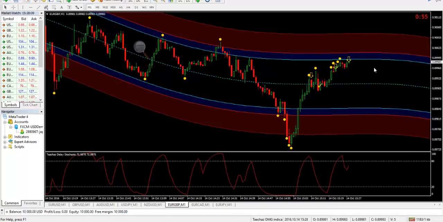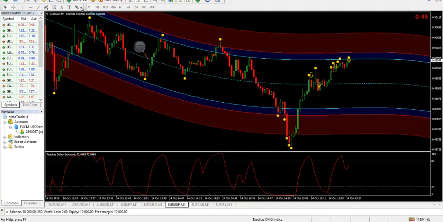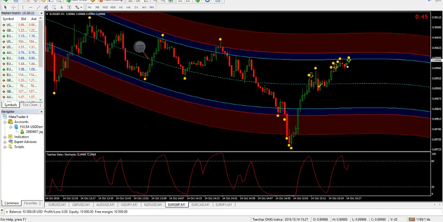As you can see here, now I'm getting another signal and I've already entered the trade. So let's quickly go through what we were doing. This was a losing trade, even though it was so close. If you count 1, 2, 3, 4, 5, it was a losing trade.